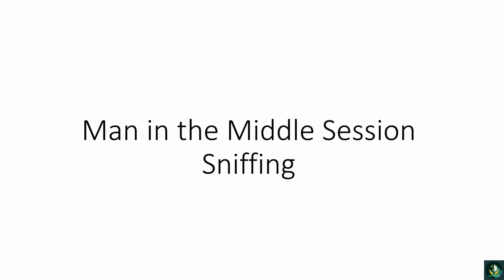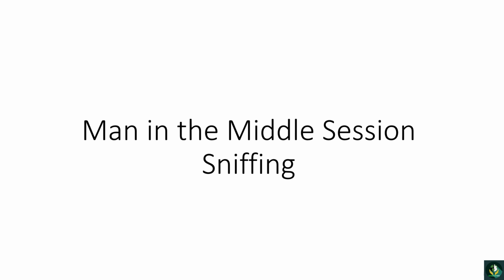So we just looked at blind hijacking, where the attacker exploits the predictability of a sequence number to take over a connection that already exists between a victim and a host. Let's now move on and talk about a man in the middle session sniffing attack. When we talk about a man in the middle, we are talking about an attacker getting into the midst of the communication between the victim and the target machine.